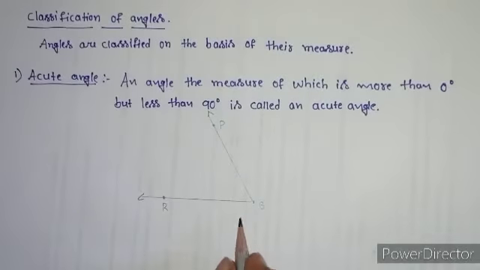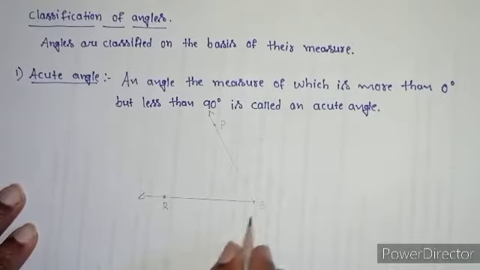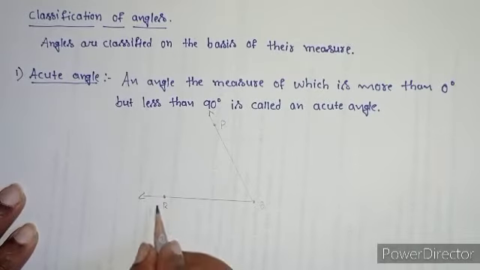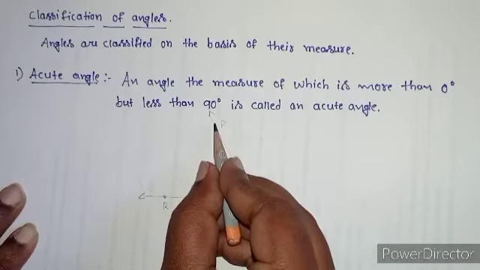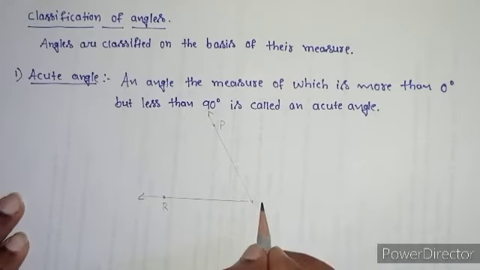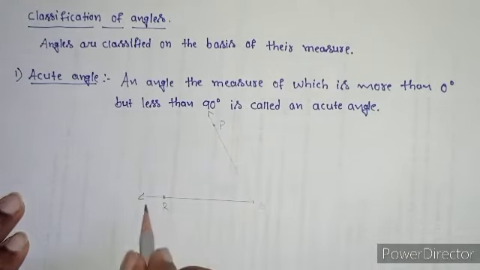Here Q is the vertex point or common end point. QR is one arm and QP is one arm, right? So here we got an angle PQR.